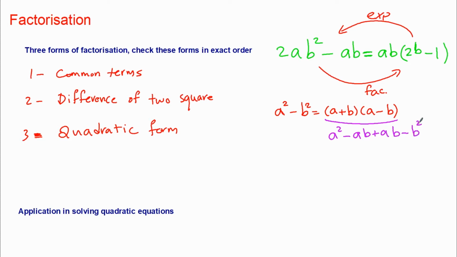But minus ab plus ab simplifies. What is there is a squared minus b squared. So in a way, that formula is just simplification of an expansion. But if you remember, difference of two squares, because a squared and b squared, and we are having minus, a squared minus b squared equals a plus b times a minus b.